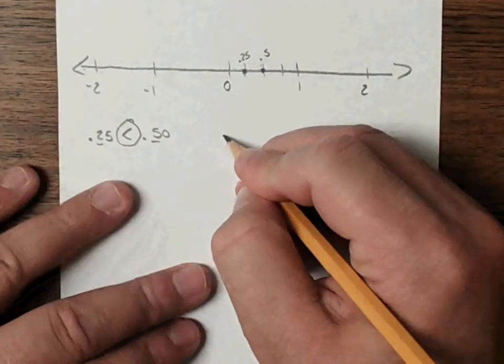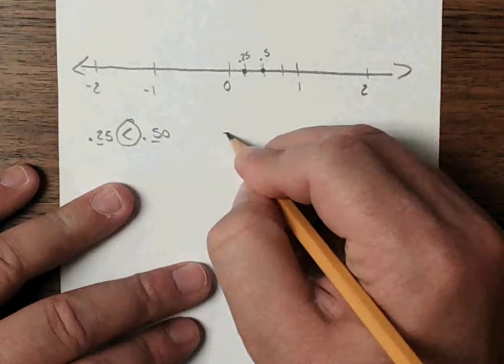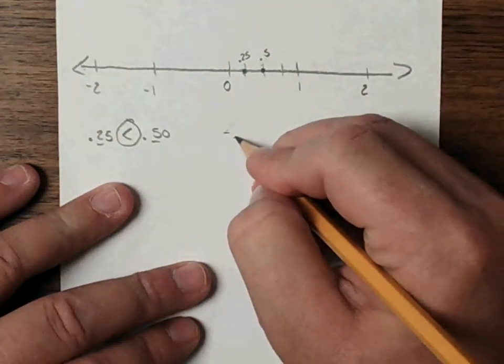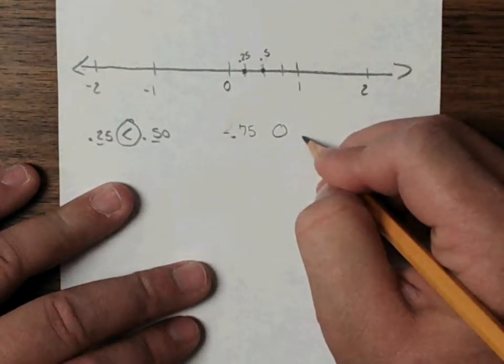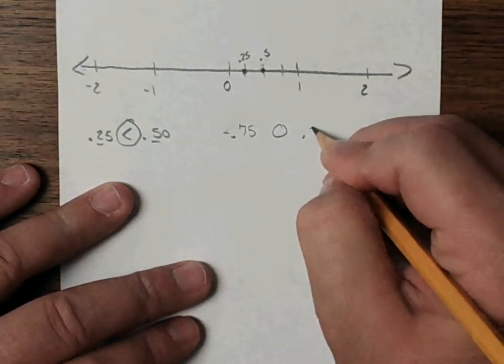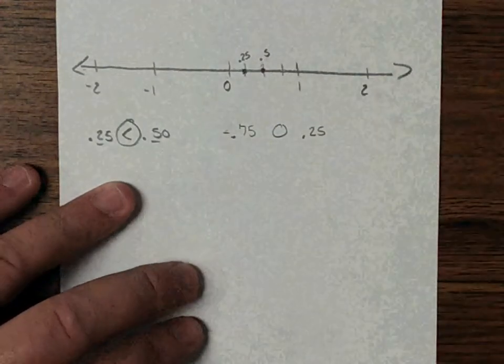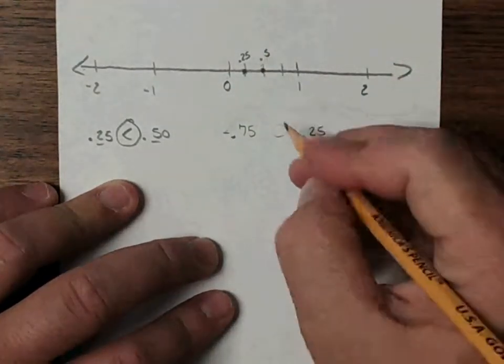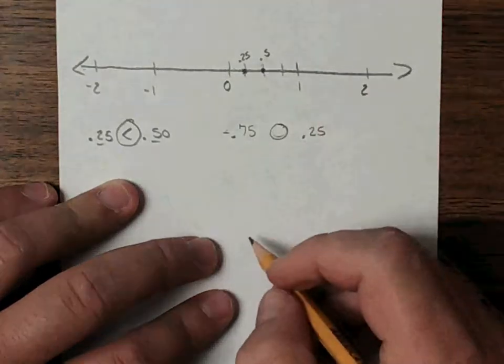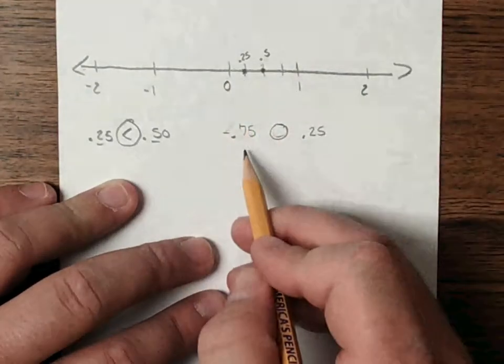Let's do -0.75 and 0.25. -75 hundredths and +25 hundredths. Okay, so -75 hundredths is going to be this way.